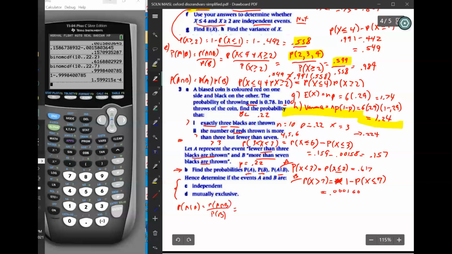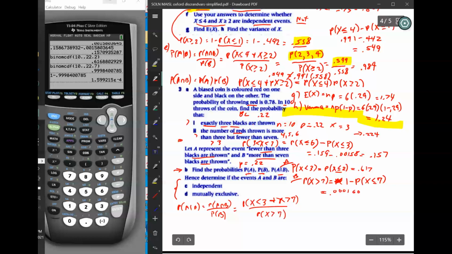Well, the probability that x is less than or equal to 2 and x is greater than 7 both happening is 0, right?